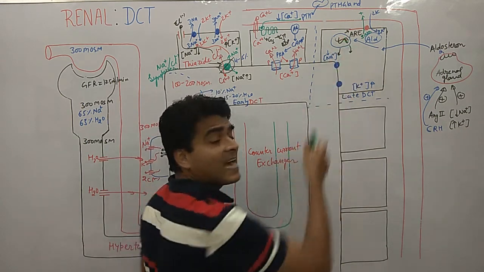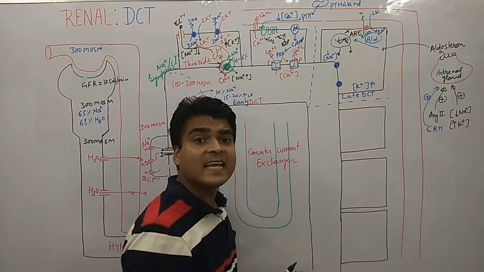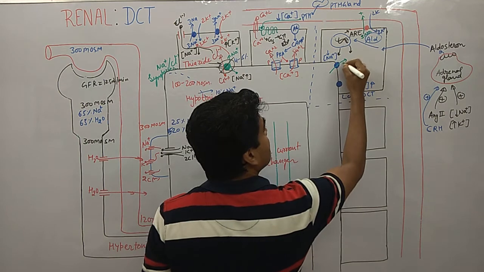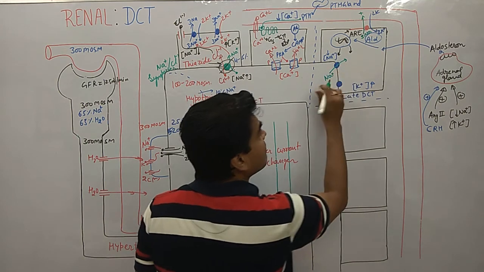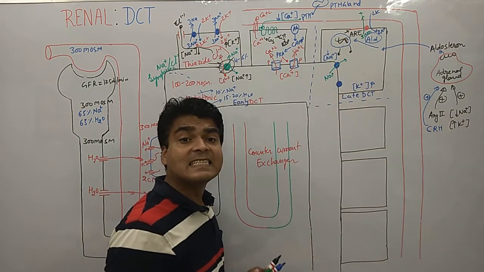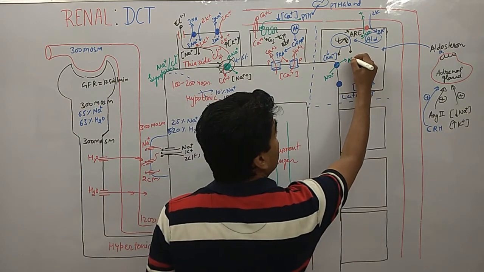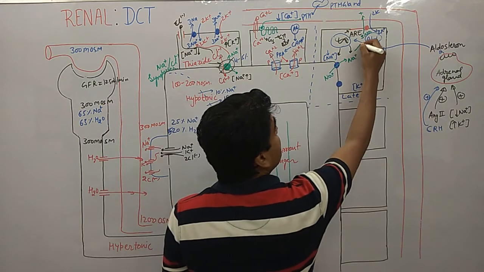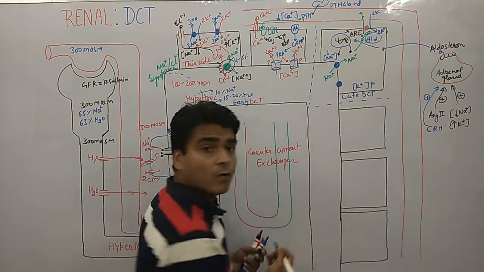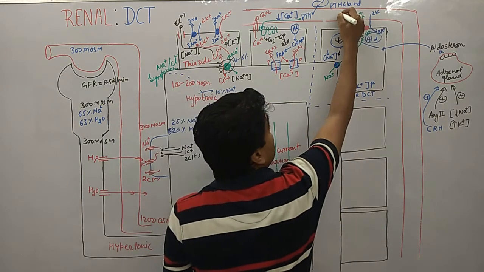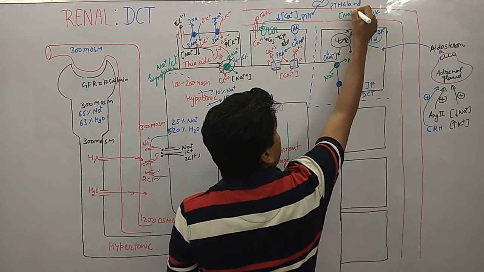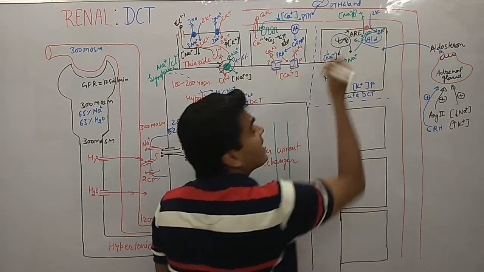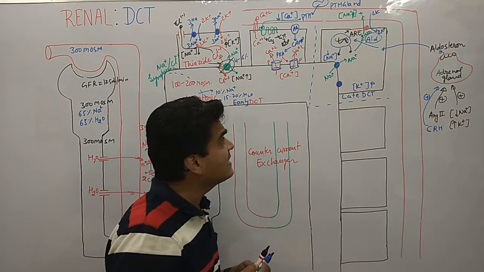Now ARE will generate a channel which is able to absorb sodium ions from the late DCT. So now sodium is over here, and then this sodium is moving in this direction. So the concentration of sodium goes up. Clear everyone? Are you able to understand these things?